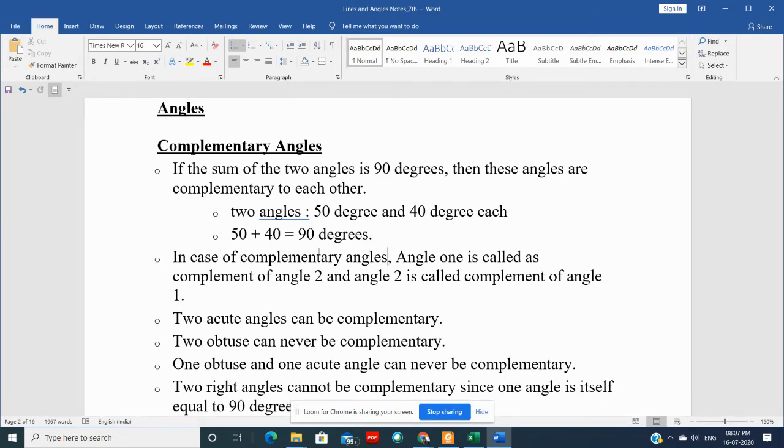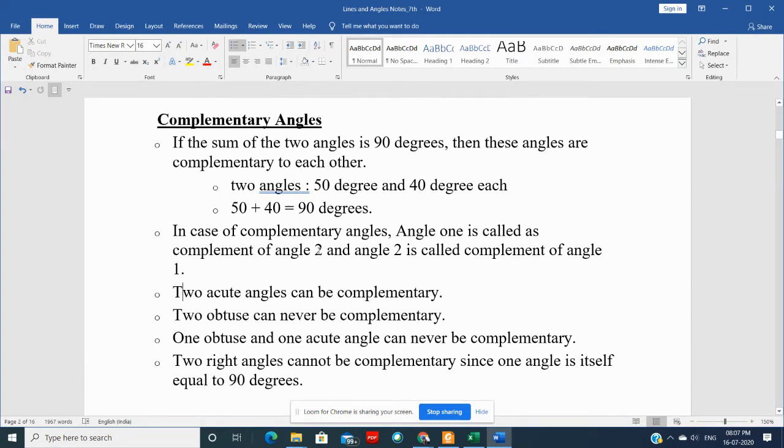Now, in the case of complementary angles, angle 1 is called the complement of angle 2, and angle 2 is called the complement of angle 1. Now, if you look further, two acute angles can be complementary naturally.